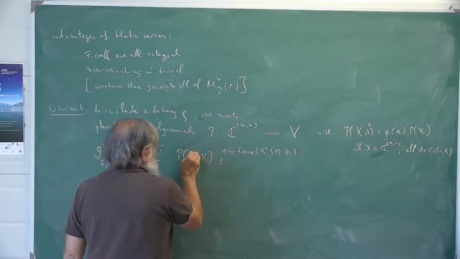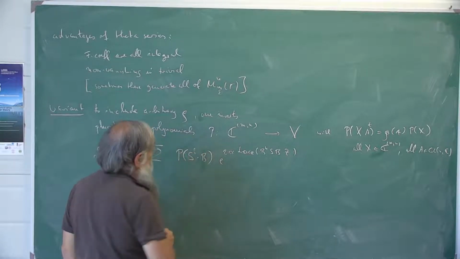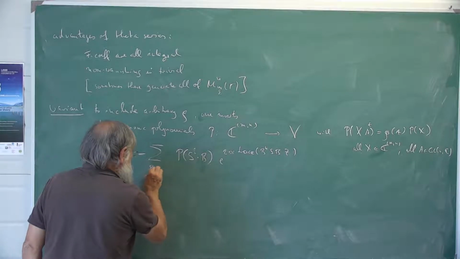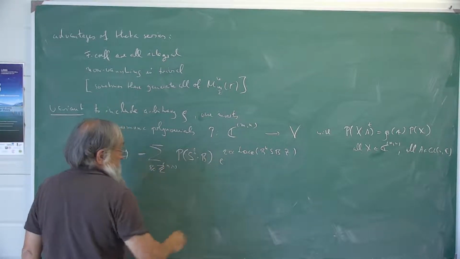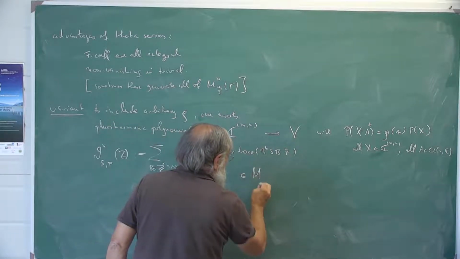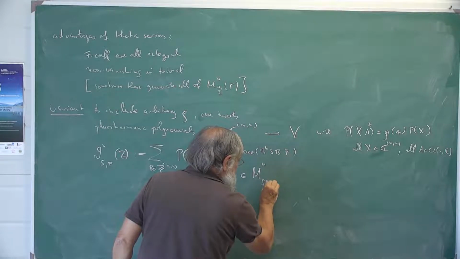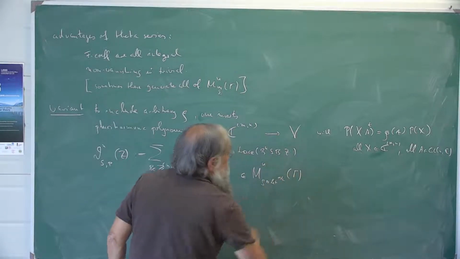Now we have to insert here the square root of this quadratic form S, and then this is in M_{rho tensor det^(m/2)}(gamma).